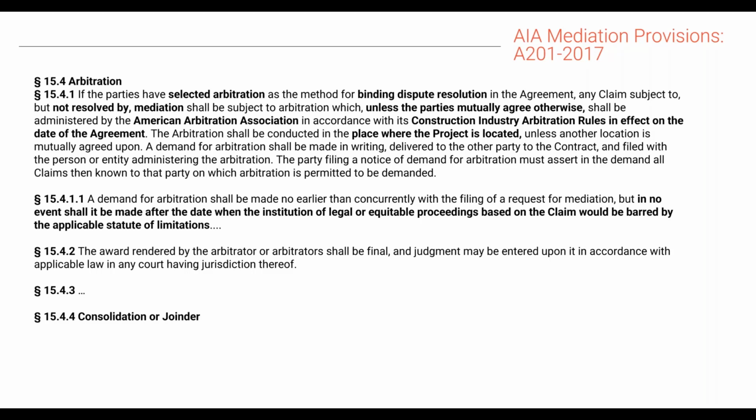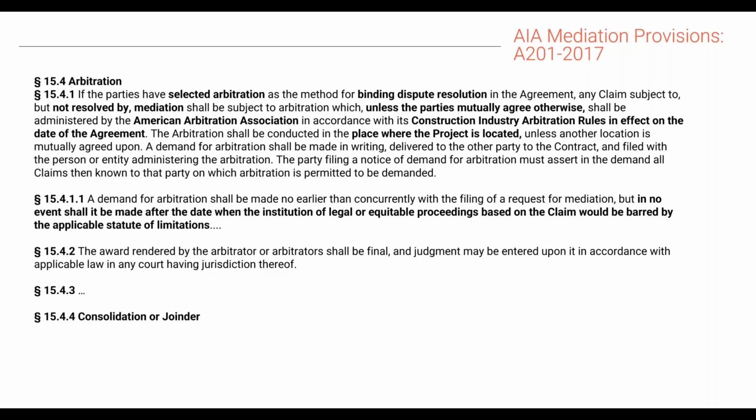I'll just briefly touch on the fact that the AIA documents allow for the parties to engage in consolidation and joinder. Those are concepts that are also allowed in most courts under the rules of procedure.